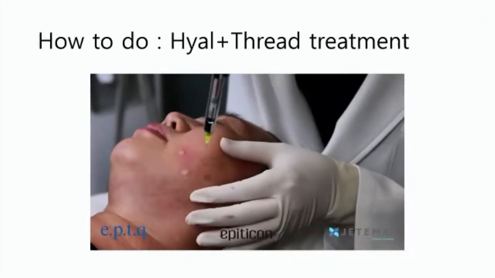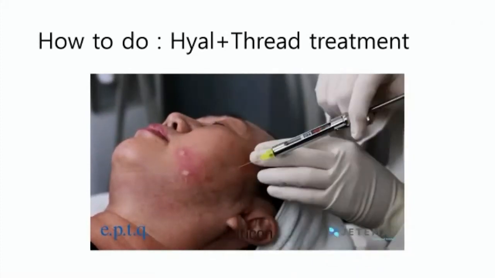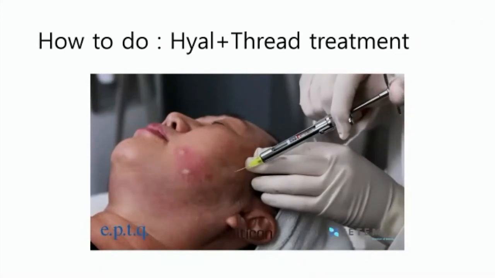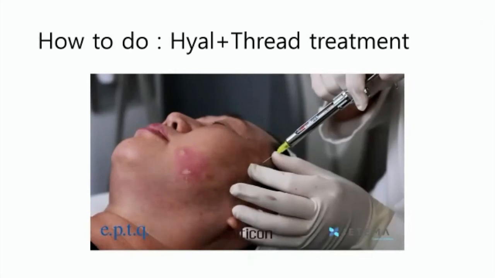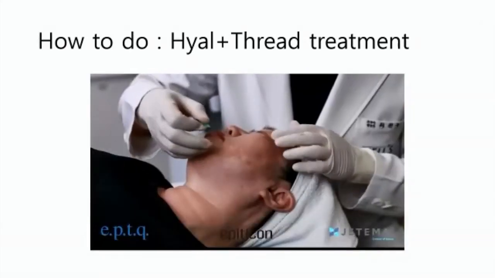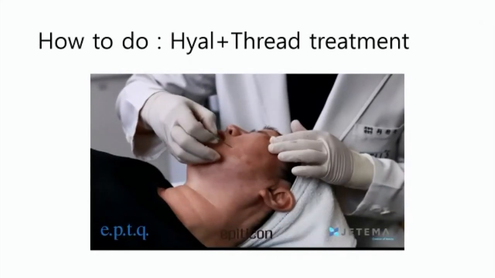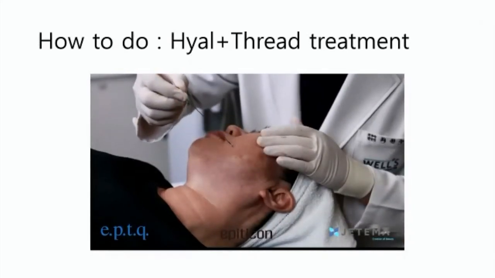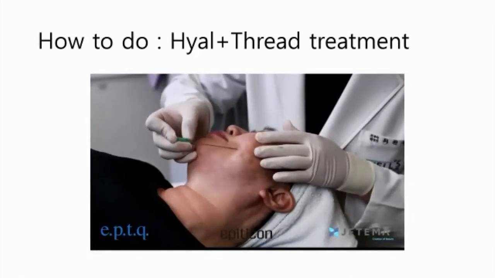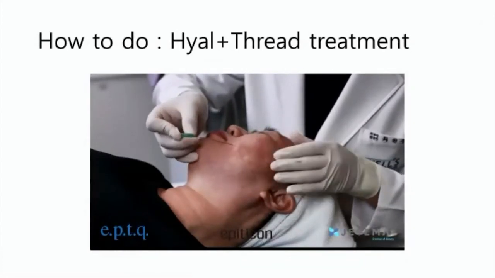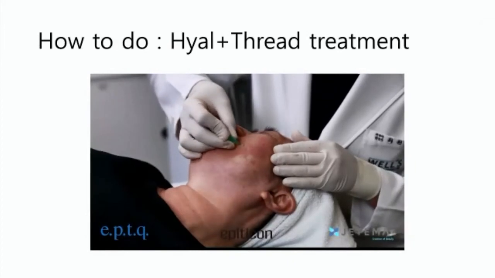Before the treatment, you should give anesthetic injections for the insertion part. Start from the lower part of the chin and insert the PDO thread from the lower part of the chin to the temporal areas.